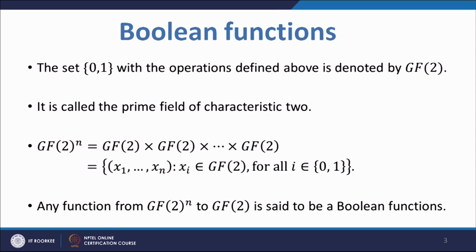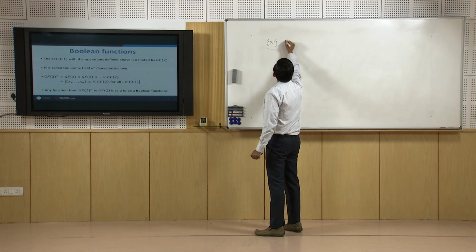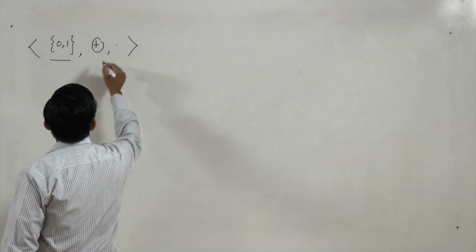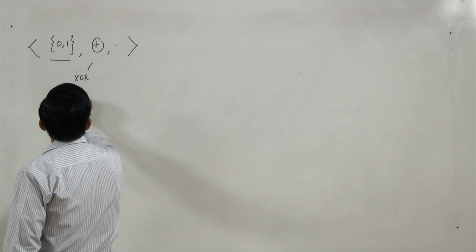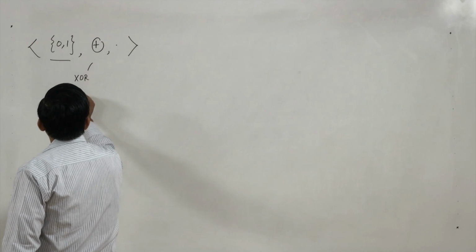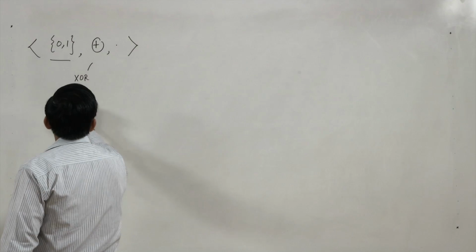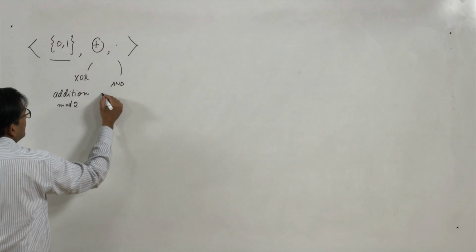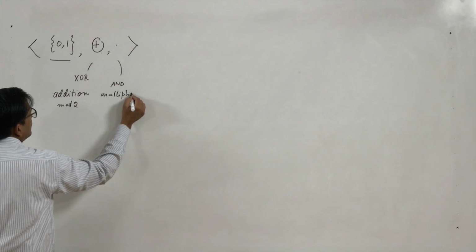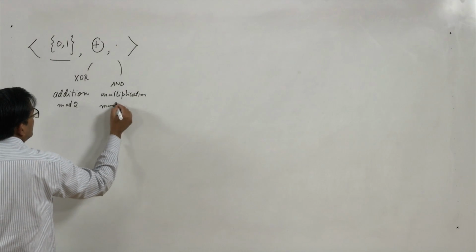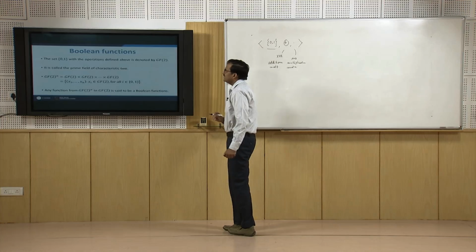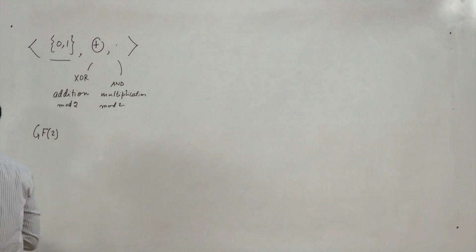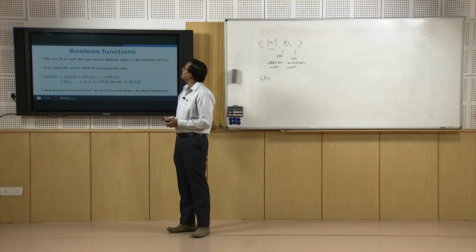We say that if we have this set 0, 1 and attach to it the operations XOR, or addition modulo 2, and AND, or multiplication mod 2, then we have an algebraic structure which we call GF2. It is also sometimes called the prime field of characteristic 2.